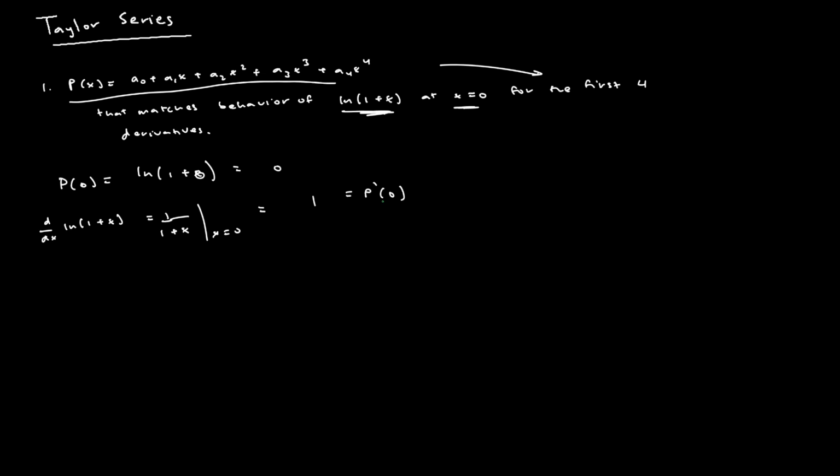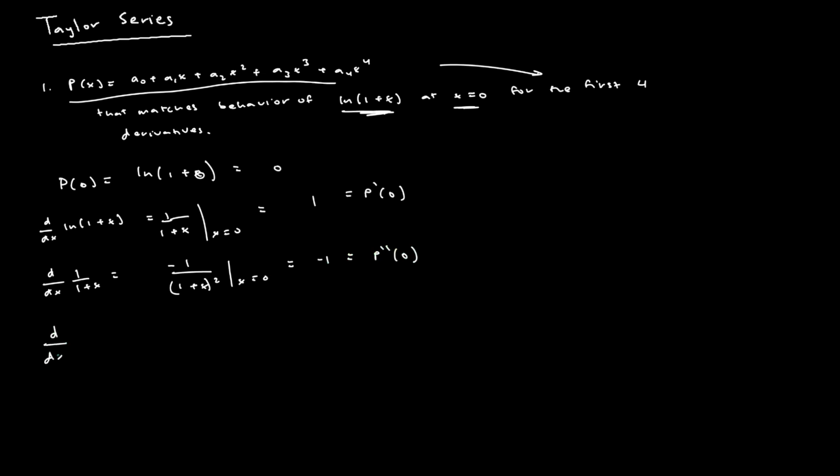Now, the derivative of 1 over 1 plus x is equal to negative 1 over 1 plus x squared. And at x equals 0, its value is simply equal to negative 1. So that should equal p double prime of 0.